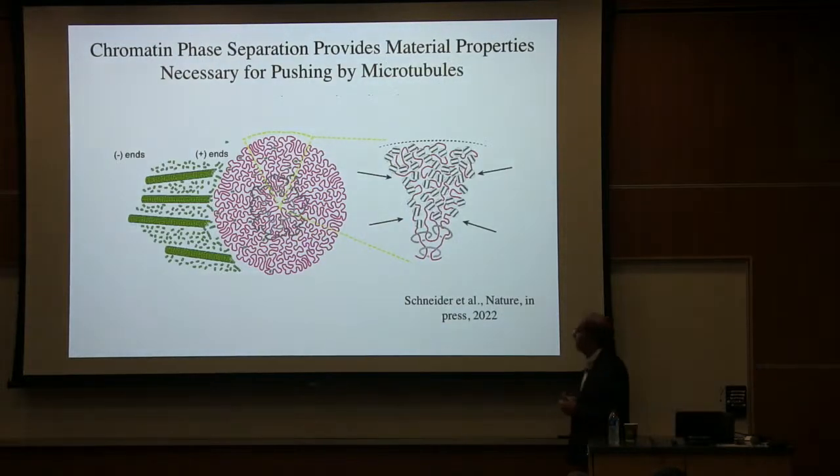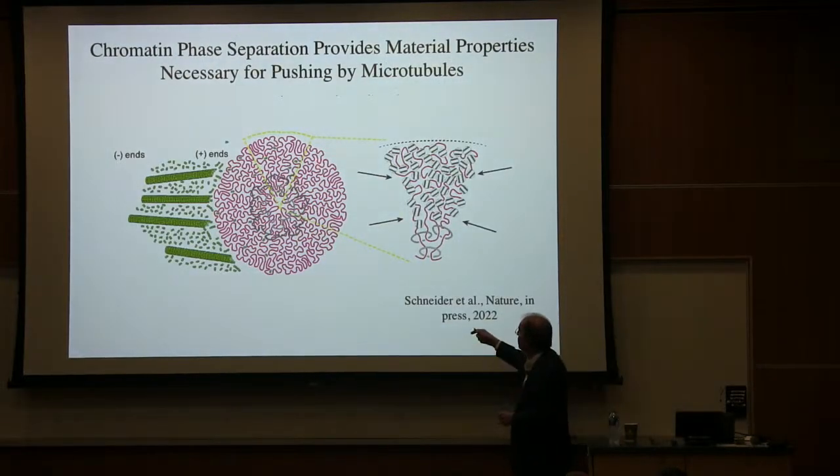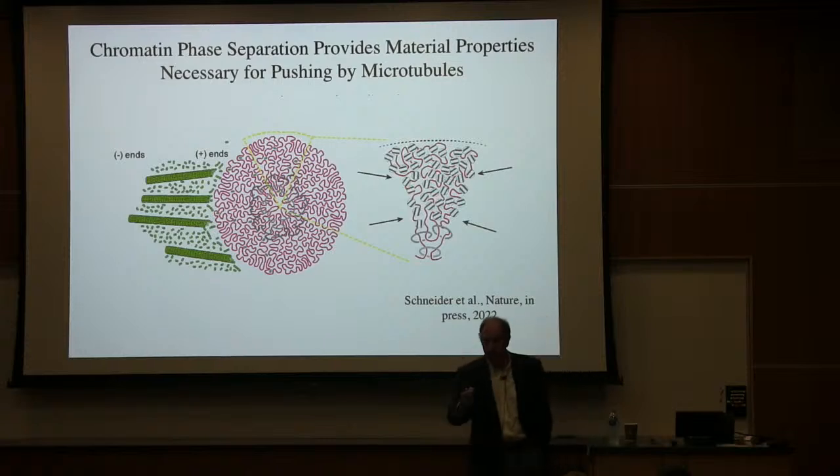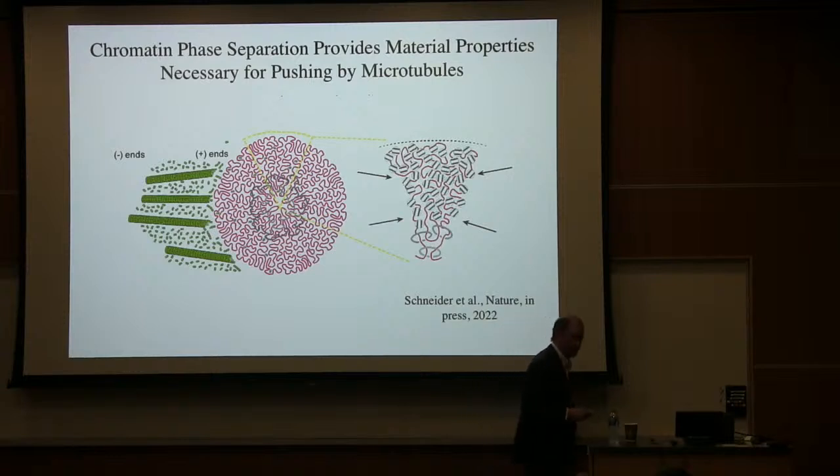So this has then led to a model where chromatin is condensed both by intrinsic liquid-liquid phase separation, interactions between nucleosomes on short length scales, and again on long length scales, condensin will hold longer loops together, but that the resistance to microtubule forces depends mostly on the phase separation properties, the short range interactions between nucleosomes within chromatin.